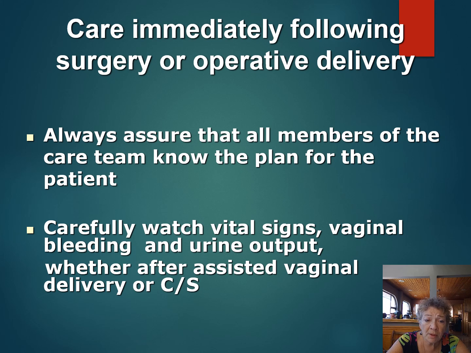And it's also very important that you carefully watch vital signs, vaginal bleeding, urine output, and that's true whether or not it's an assisted vaginal delivery or a cesarean section. Care immediately after either of these is very, very important, and it's important that the whole team know what you're worried about in terms of possible complications.